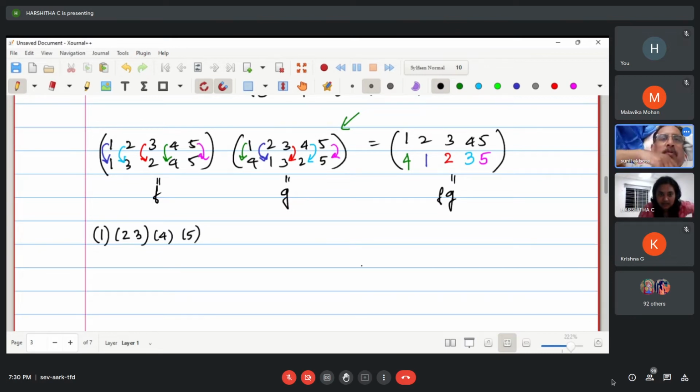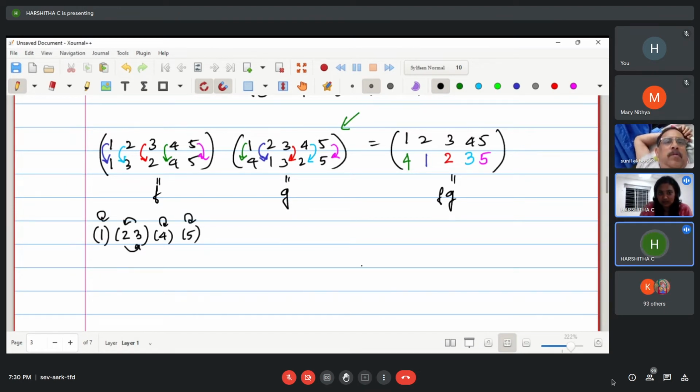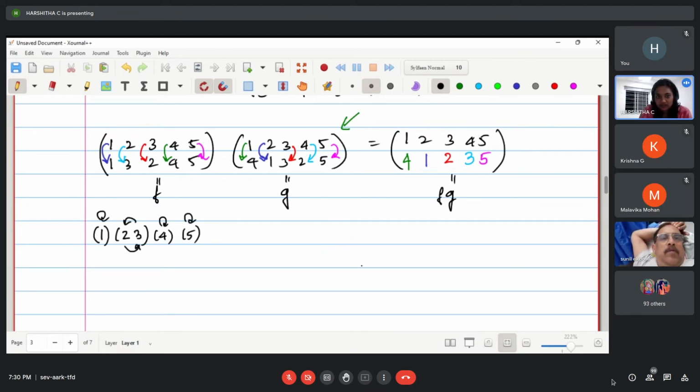So here 2 goes to 3 and 3 goes to 2. So that is the permutation, and 4 is going to itself, 5 is going to itself, 1 is going to itself. So if this is F into G, look at G: 1 goes to 4. So we put 4.